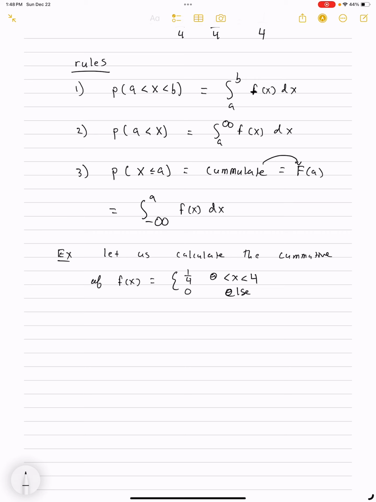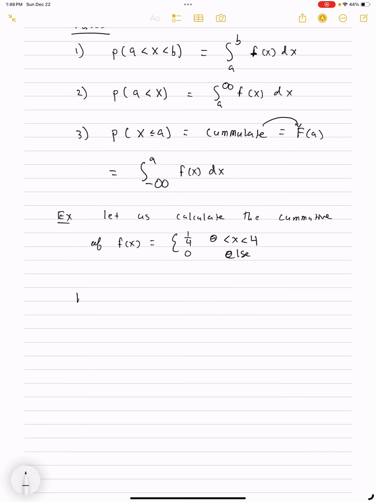So F of x here is going to be the probability big X is less than or equal to little x, and this is the integral from minus infinity to x of, I'll call it f of t dt.